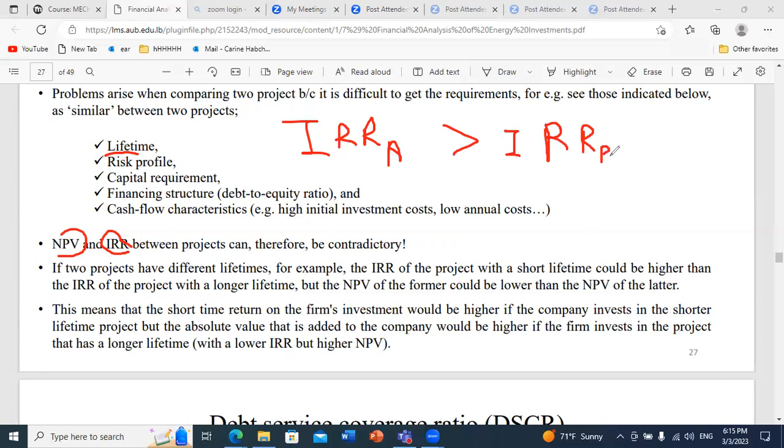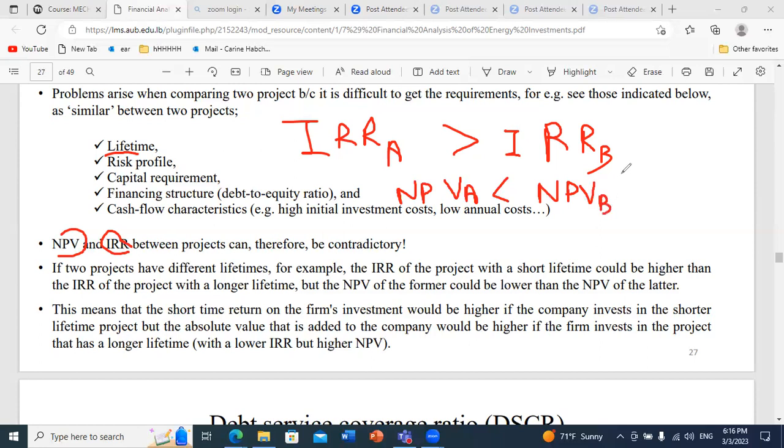Okay, so even if the IRR for A is larger than the IRR for B, you can have the net present value for A smaller than the net present value for B. So if your criterion is just, let's say, the amount of gained money, you will select the project with the largest NPV, even if it will take you more time.